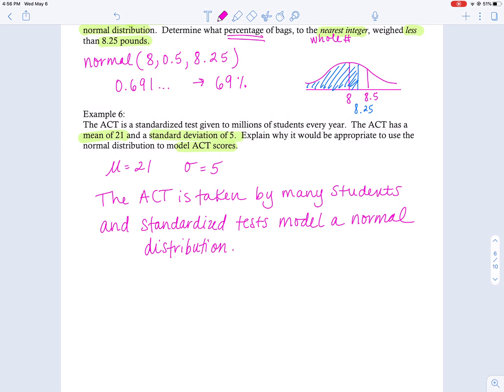I think that's good. Standardized exams given to a very large number of people are usually modeled by a normal distribution. That should be perfect.